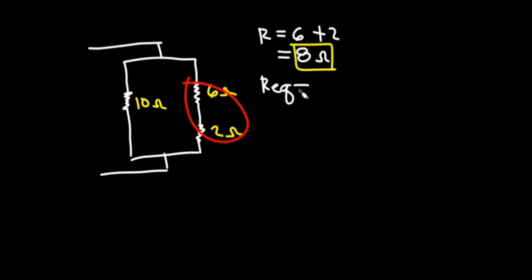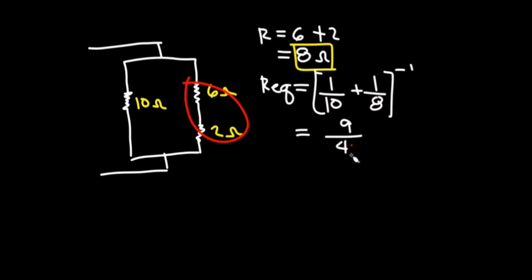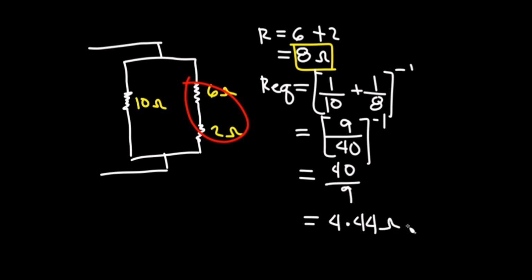Then the result will be in parallel with 10 ohms. (1 over 10 plus 1 over 8) raised to negative 1. This will be simplified to 9 over 40 raised to negative 1. To remove the negative exponent, it will be written as 40 over 9, which will be equal to 4.44 ohms.